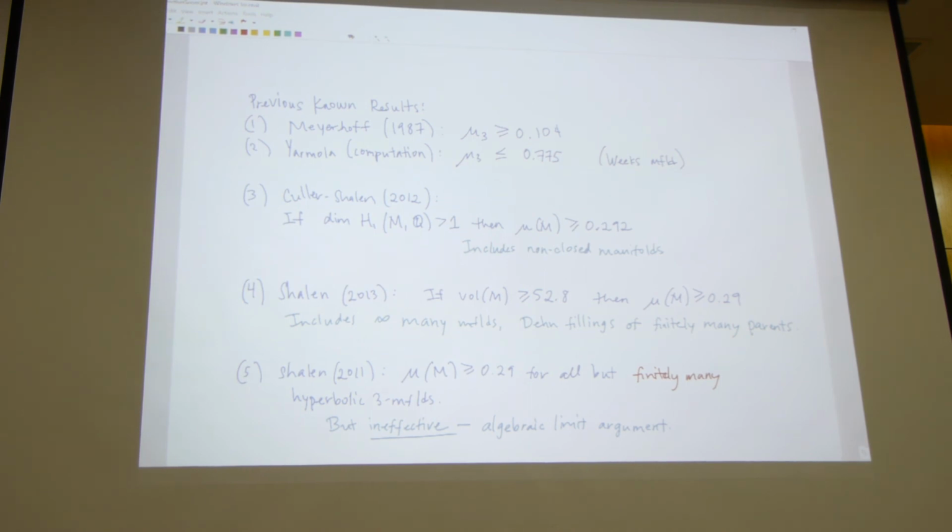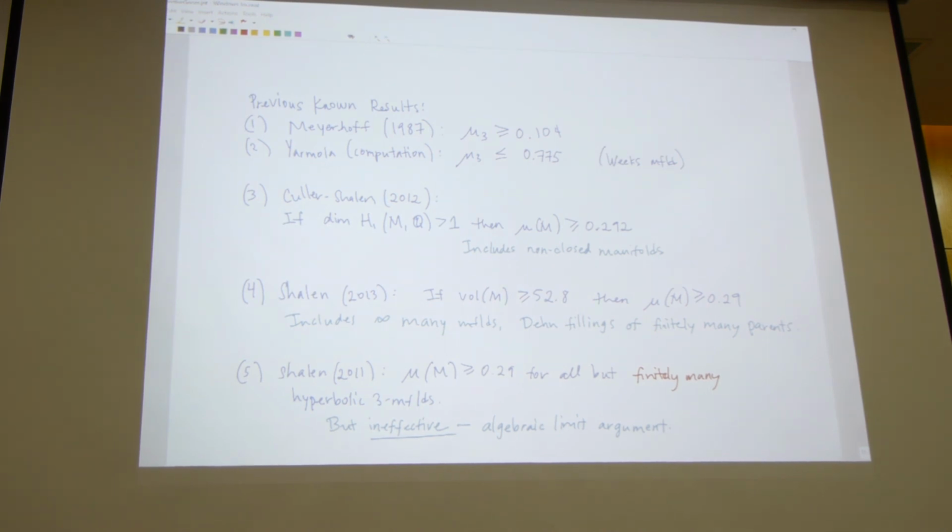The manifolds without Margulis number bounded by 0.29 include infinitely many manifolds. Because of this effective volume bound, you know that there are only finitely many parent manifolds that will give you those manifolds, but all of their Dehn fillings are possibilities. So that's a lot of things to check.